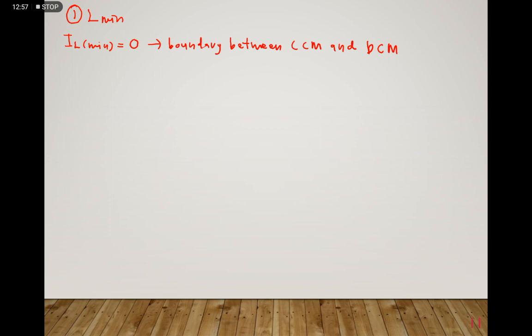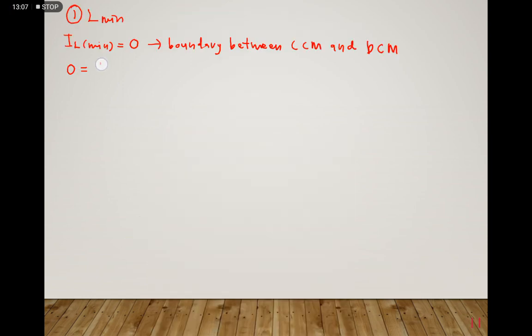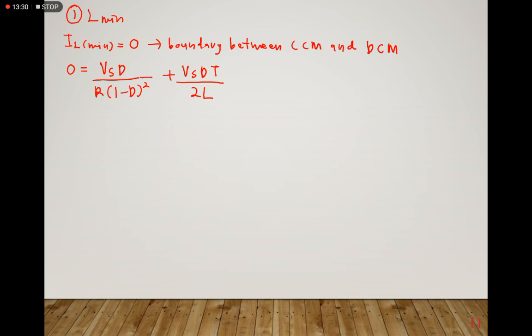The IL min equation we have just now is Vs over R times (1 minus D)... minus Vs dt over 2L. We set this equation equal to 0.